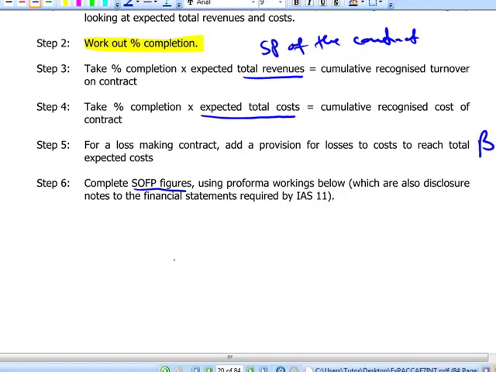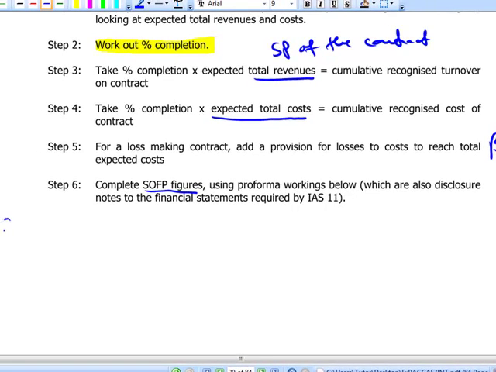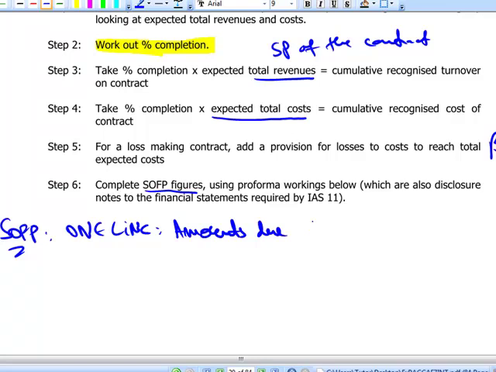The pro forma working will say that in the statement of financial position, I will have only one line, which is called amounts due to or from customers.